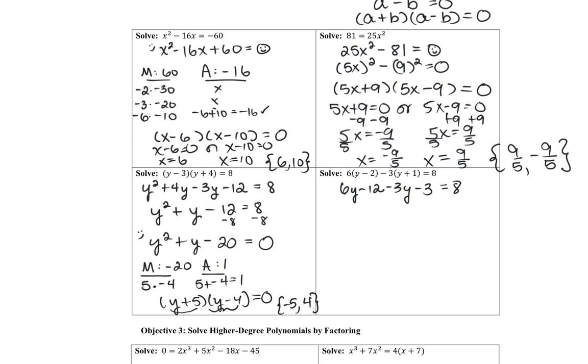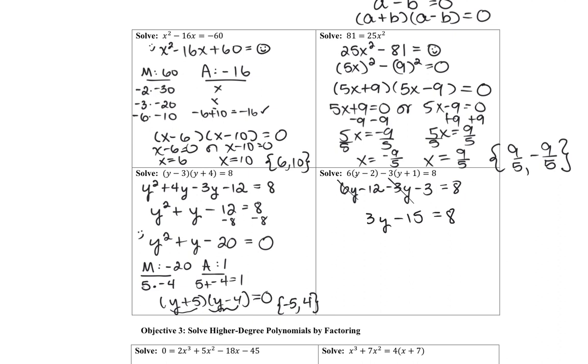Oh, this is not quadratic, right? I don't see a y squared term, so this one's going to be quick. Combining like terms, I got a 6y and a negative 3y, so that's going to give me 3y. Combining those, negative 12 and negative 3 is negative 15, equals 8.